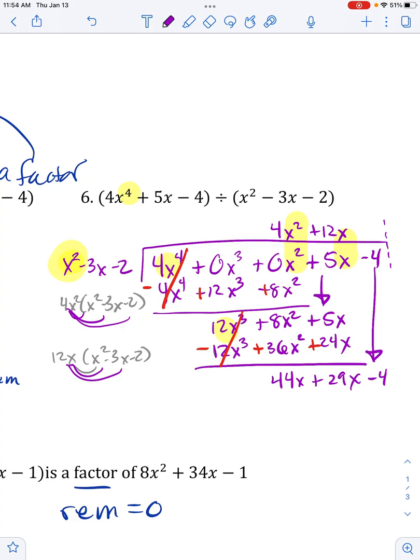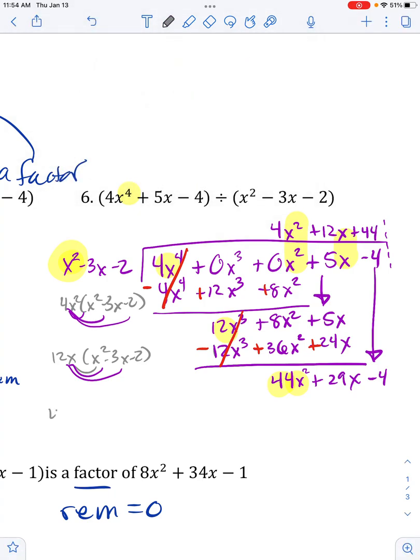Okay, well, I'm almost done. It looks like I have one more round before I'm at the end of the line. So I'm going to need to figure out what makes x squared. Oops, I can see here that I didn't bring down my square. What makes x squared equal 44x squared? So I'd have to multiply by 44.